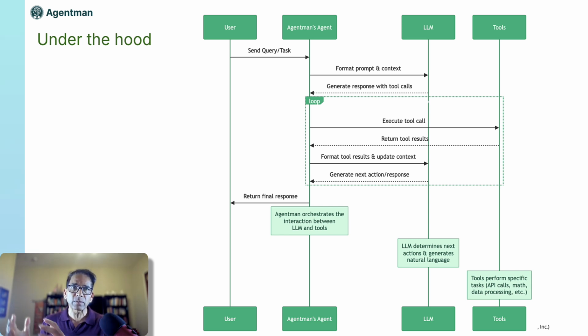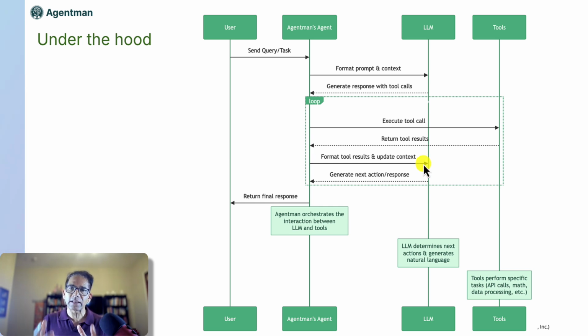So it supplies that information, saying this is the tool call I need data from, and here is the context for the tool call, and passes it back to the Agentman agent, as you can see. The Agentman agent then calls the tool, fetch order status, and gets the results. At this point, it has the results, which are still a raw API response, and those are sent back to the language model.